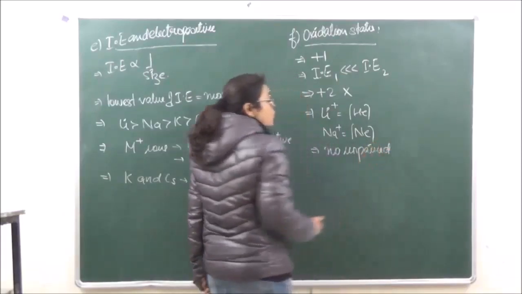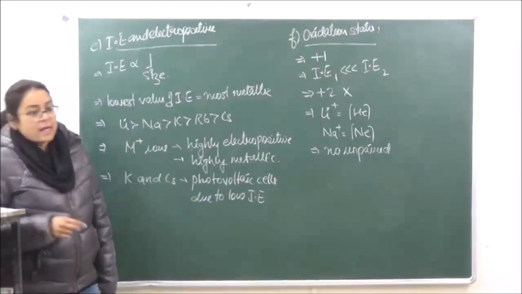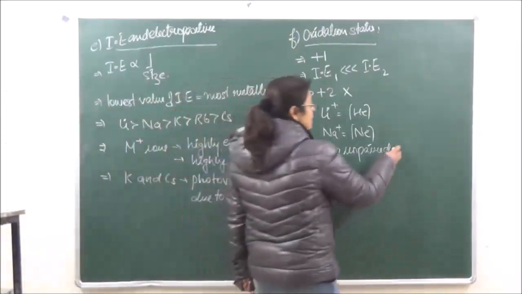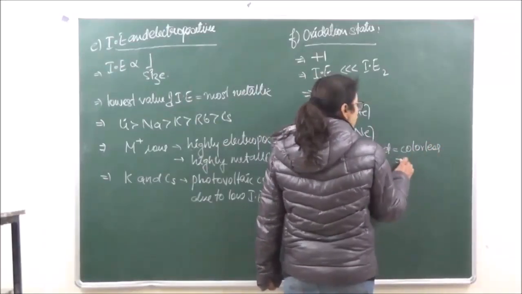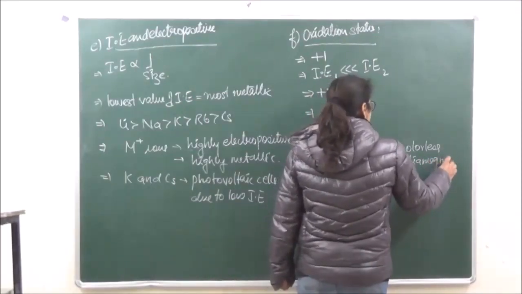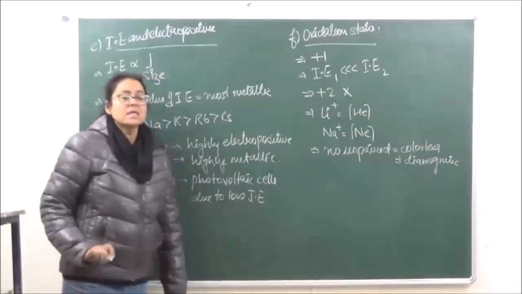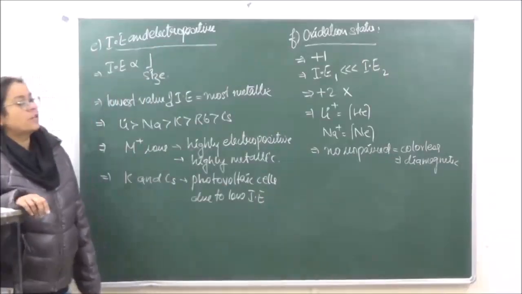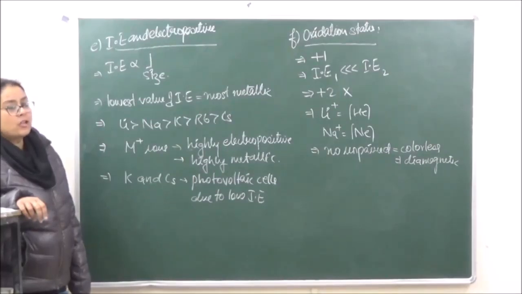As they have no unpaired electrons, all of them are going to be colorless and all of them are going to be diamagnetic. What do we understand by diamagnetic over here? You've already done in your molecular orbital theory that all substances which have at least one unpaired electron are attracted by the magnetic field, and they are said to be paramagnetic in nature.